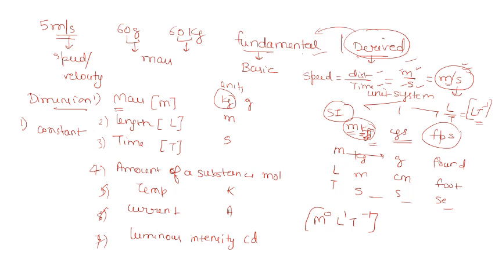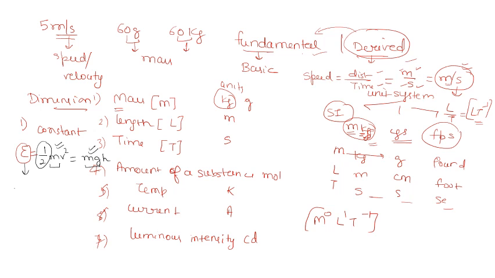Like if you have energy, and I ask what is the dimensional formula of energy, then you will say half mv square for kinetic energy, mgh for potential energy, right? Even if you are having half here, which is a constant term, you will analyze the units and the dimensions with this formula only.